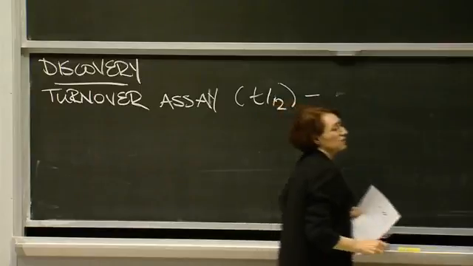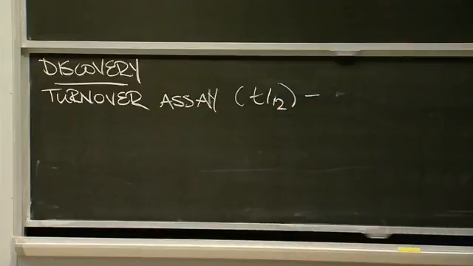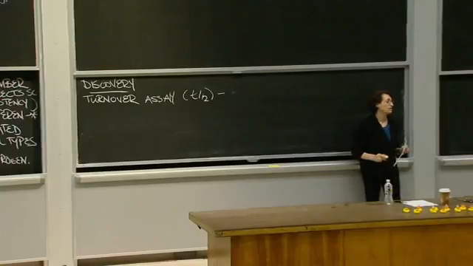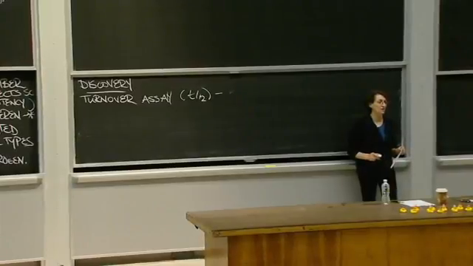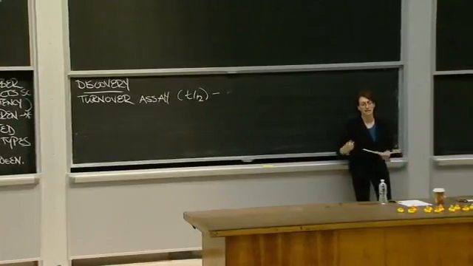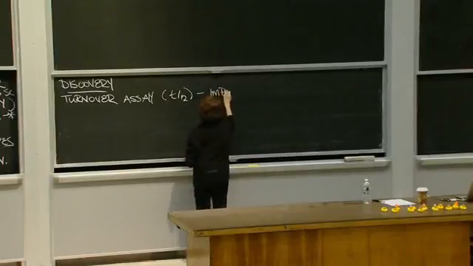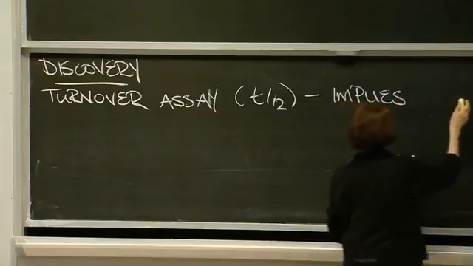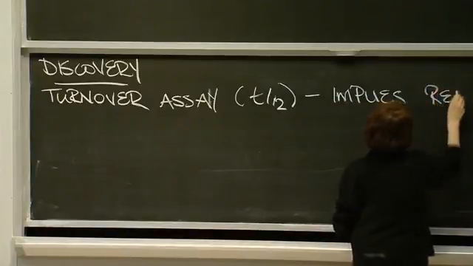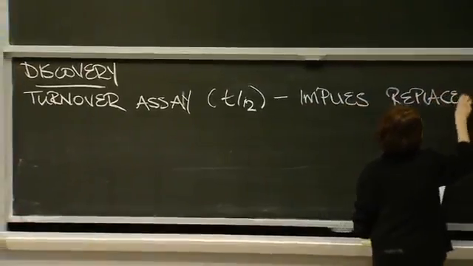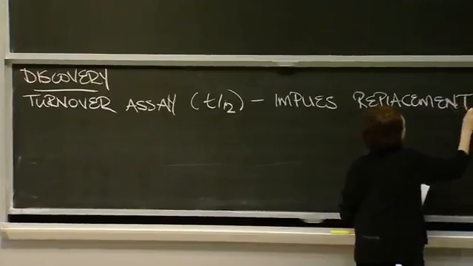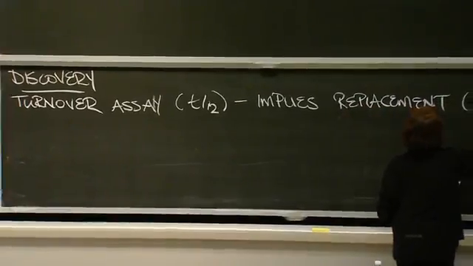They found that in almost all organs, in fact, probably in all organs, cells did not live forever. They turned over, they died, and they were replaced by new cells. And this turnover assay implied that there was some kind of replacement, and the cells doing the replacement were called stem cells.